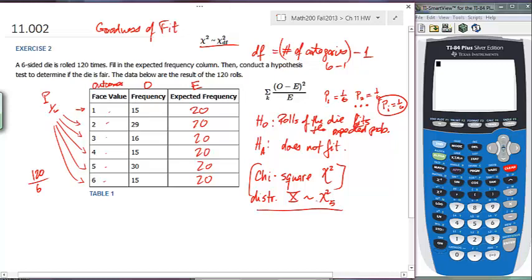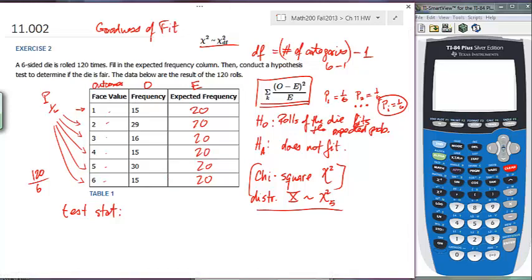Now let's find the test statistic. The test statistic is going to be based on this formula. One way to do that is to create a couple of columns here and then figure out our values, but I'll tell you how to do it using the TI-83 and 84.